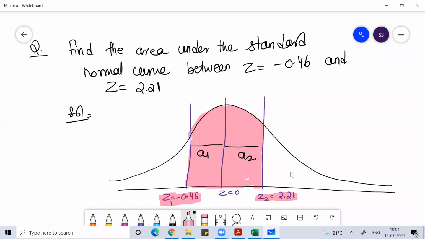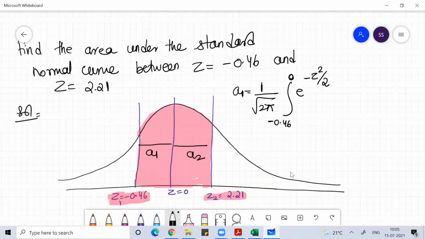Now if I want to find the area, the formula for area A1 would be 1 by root 2 pi, integral from minus 0.46 to 0, e to the power minus z square by 2.